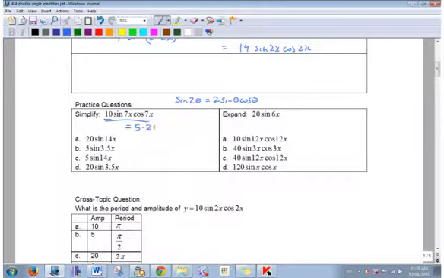I want to write it like this, because then I can put it in this form, okay? So that's the same as 5 times sine of 2 times theta, where theta is 7x. And that looks the same as that guy.